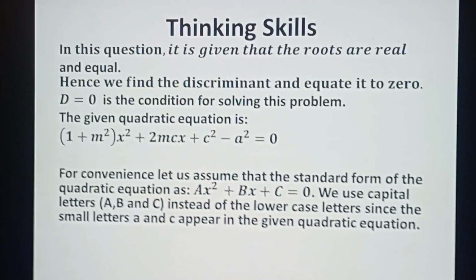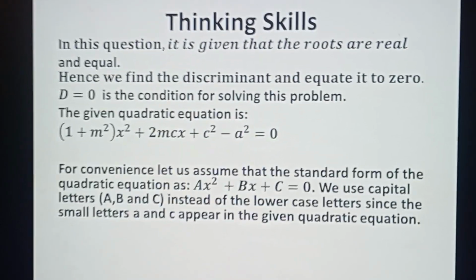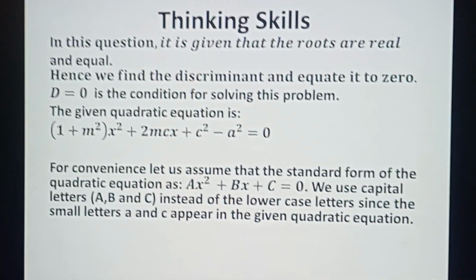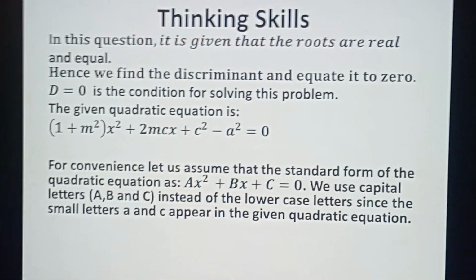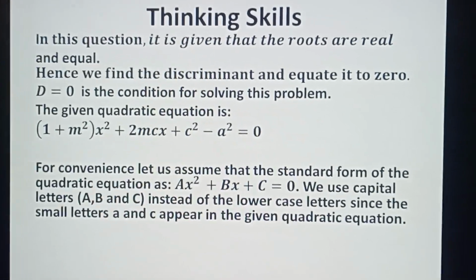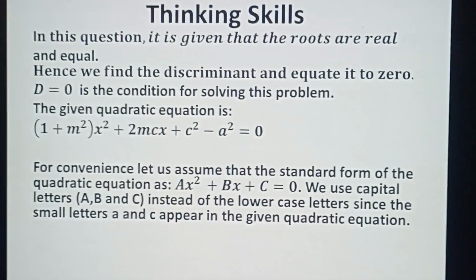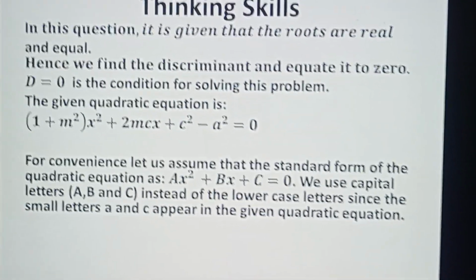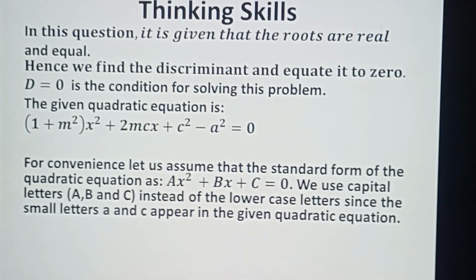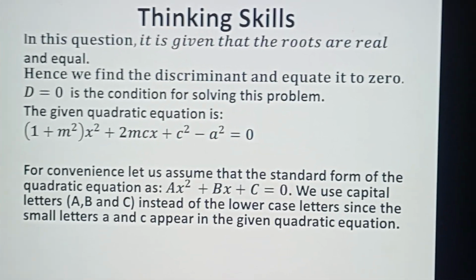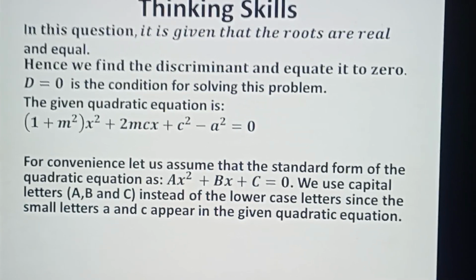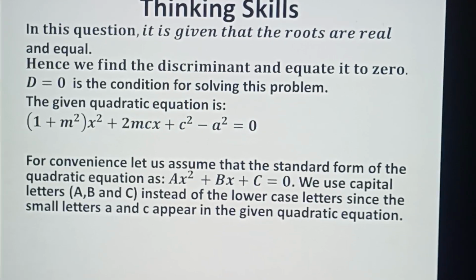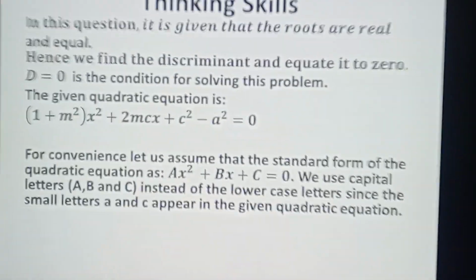So this is the given quadratic equation: (1 + m²)x² + 2mcx + c² − a² = 0. For convenience, let us write the standard form of the quadratic equation using capital A, B and C, instead of the lowercase letters, since the small letters a and c already appear in the given quadratic equation.